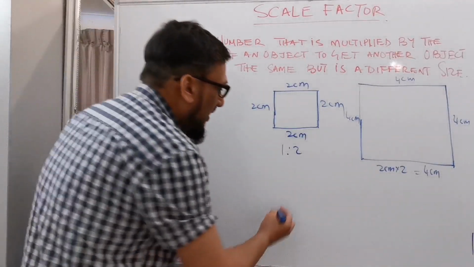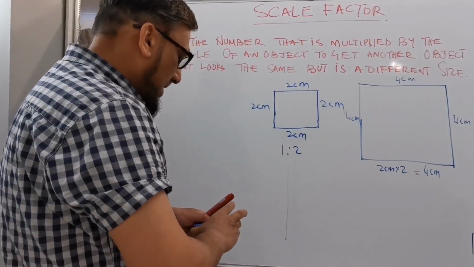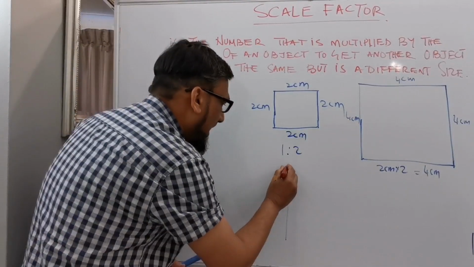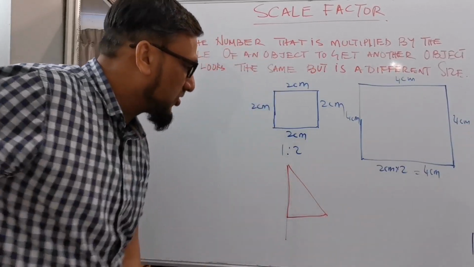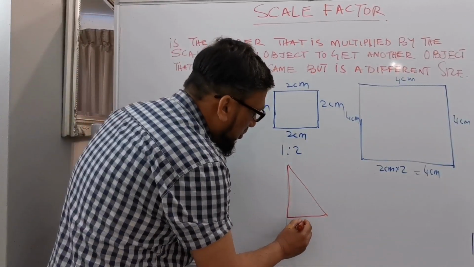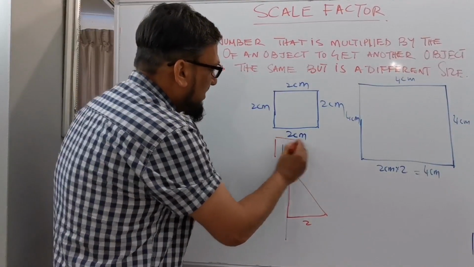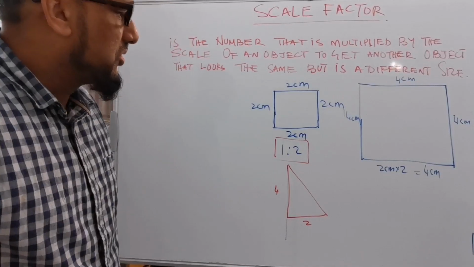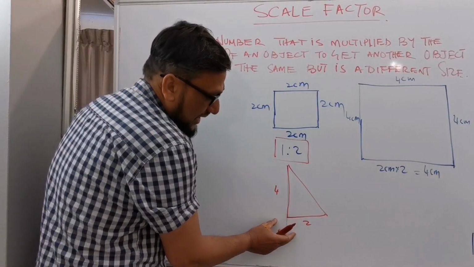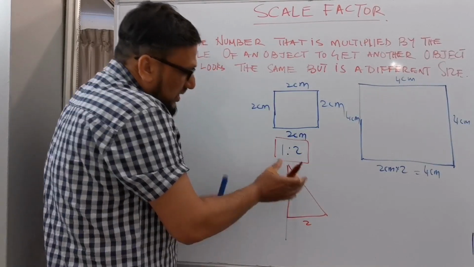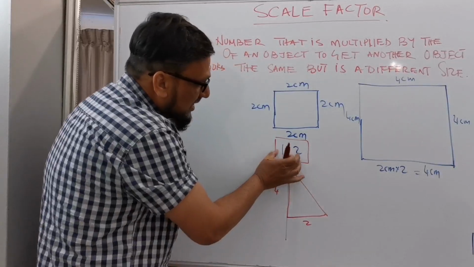And the same if I say there is a triangle, for example this triangle, where this side is 2 and this side is 4, and the scale factor is the same, 1:2. The triangle looks the same, but the size will be increased by scale factor 2.